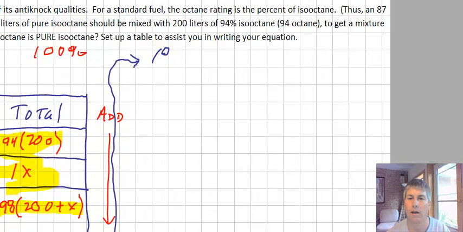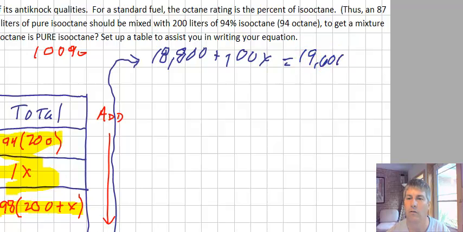So let's try 18,800 plus 100x equals 19,600 plus 98x. All right. Do a little color change here. Little algebra, subtract the 98x from both sides.